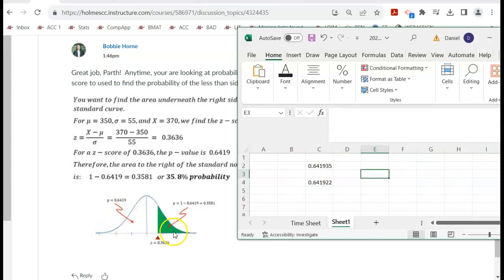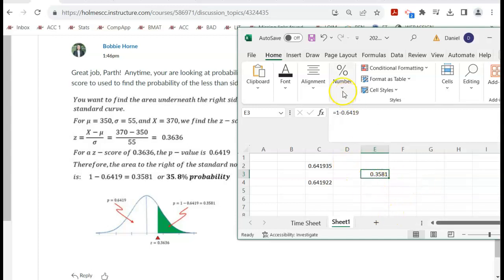So if we want the greater than side, we would use the complement rule. We know this whole area under the curve is 1. If I subtract out the area that I don't want, which is the less than side, 0.6419, then that will give me the probability of the greater than side, which is 0.3581.